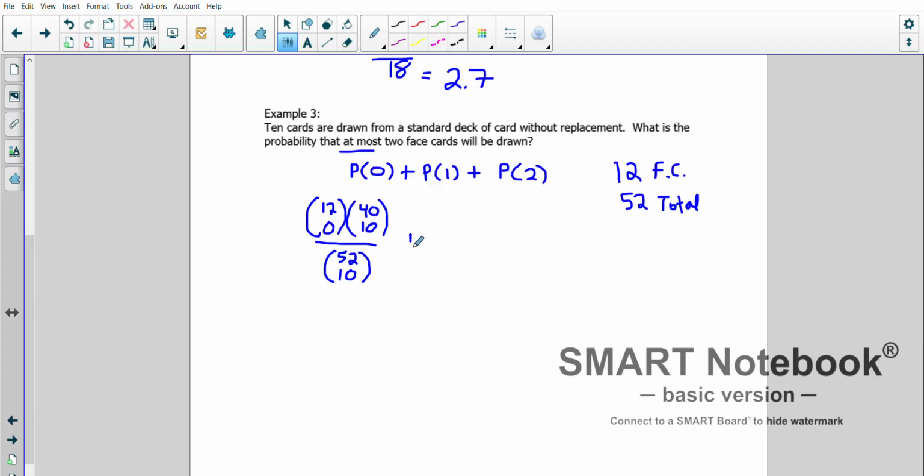Okay, now I want to know the probability that I'm going to get exactly 1 face card. Well, out of the 12 face cards, choose 1. That means out of the 40 other cards, I'm going to choose 9.